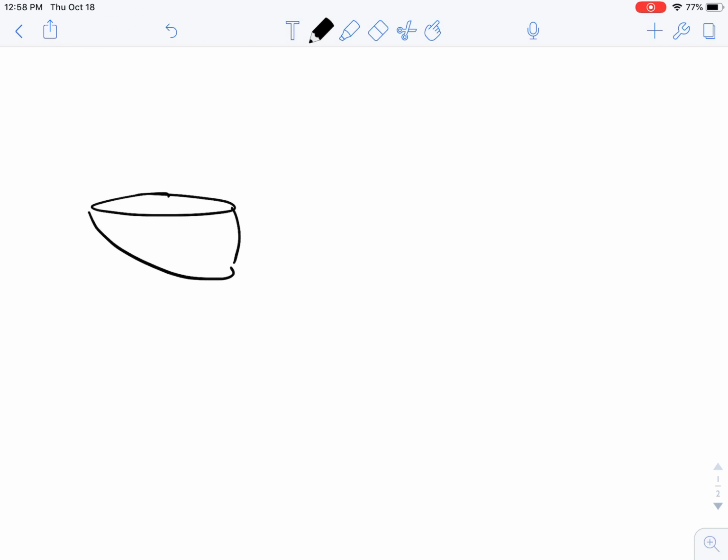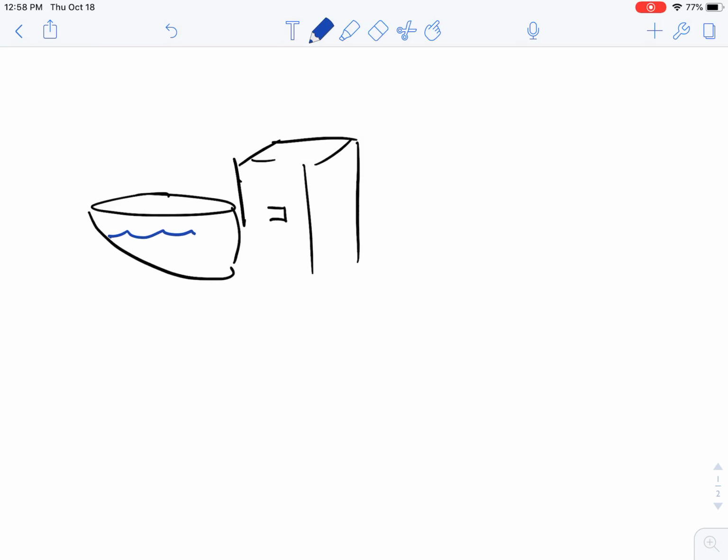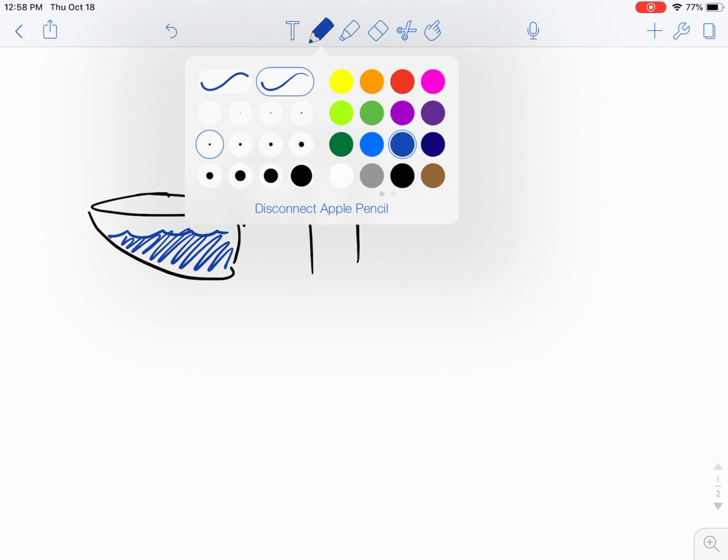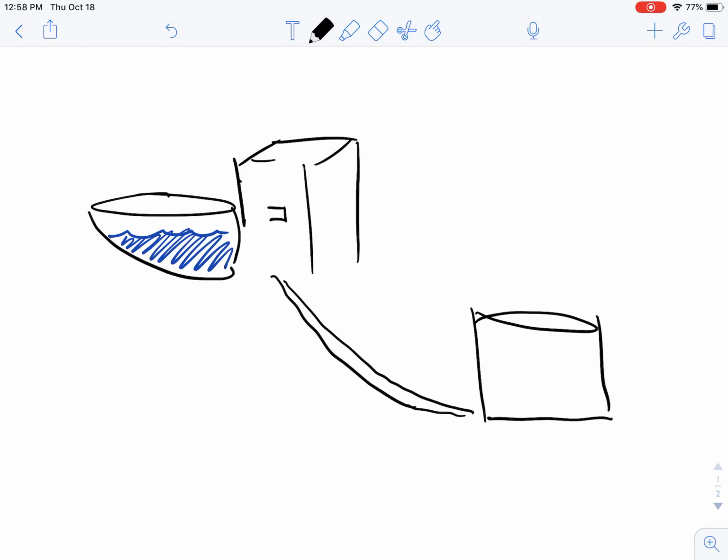So let me go ahead and draw my toilet. So here's a toilet, and inside that toilet there's some water. And when I flush it, let's say it travels through the pipe and outside of your house and into this water tank.